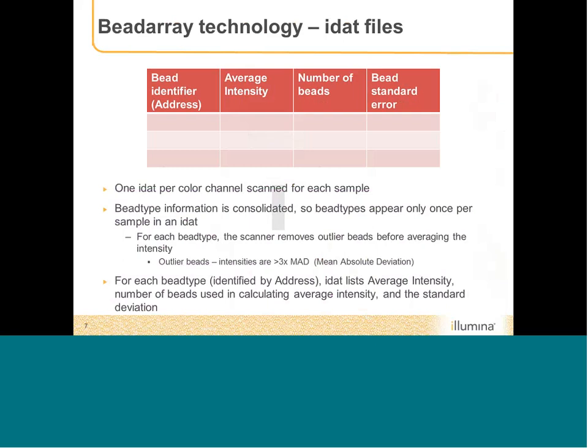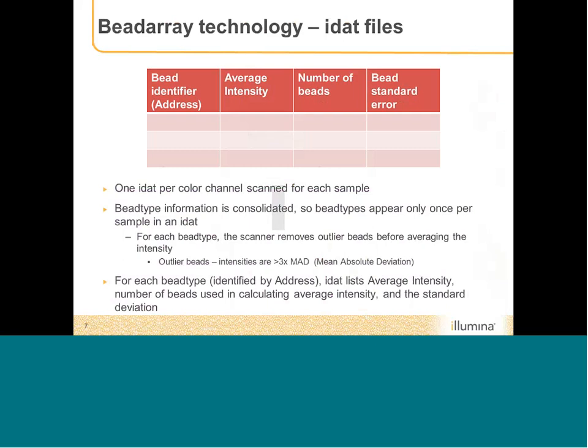The bead type information after scanning is consolidated. In other words, for each type of bead, all of the beads are averaged, and so the average is listed per bead identifier, or per bead type.